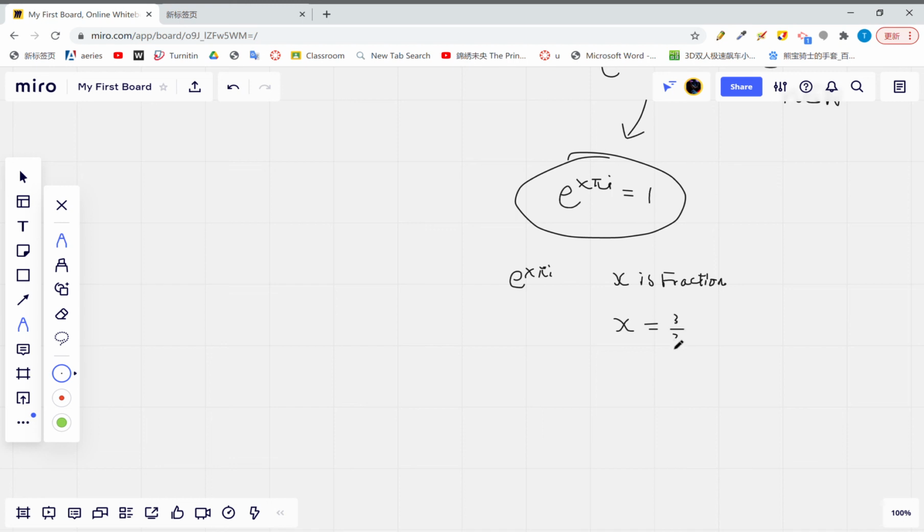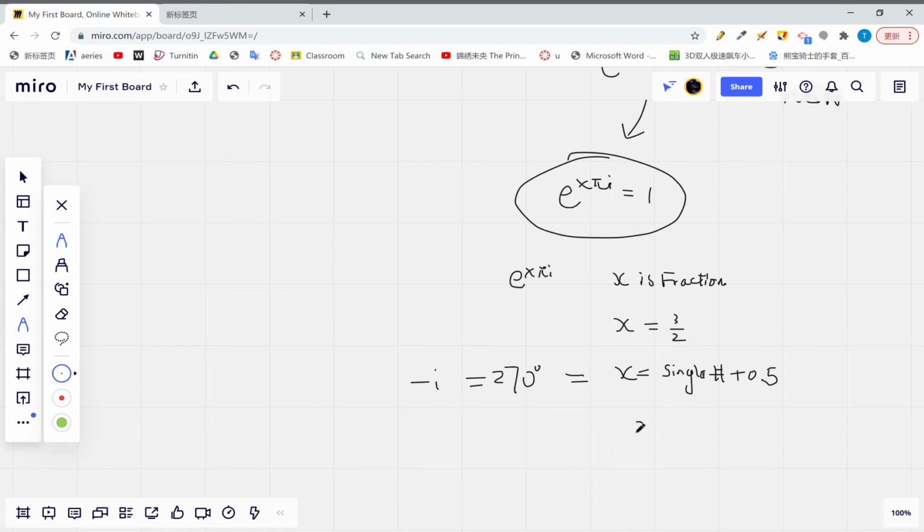Okay. If x is 3 over 2, a single number plus 0.5, then it's going to equal 270 degrees, which is equal to -i.